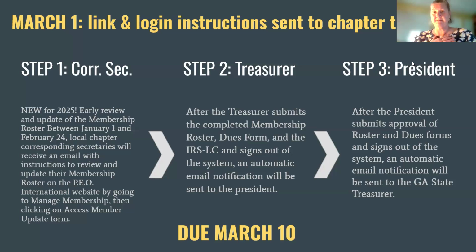So it comes to my box and it'll say it's sitting in the local chapter president's box, or it's sitting in the local chapter treasurer's box. That's when I would come back and say, you probably haven't signed, you need to go back. It's not that yours is incorrect. It's just that that signature tells me you're done with your responsibilities.